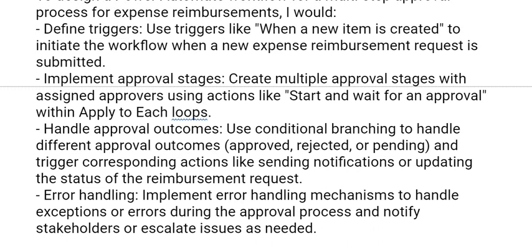Use conditional branching to handle different approval outcomes, approved, rejected or pending, and trigger corresponding actions like sending notifications or updating the status of the reimbursement request. Error handling. Implement an error handling mechanism to handle exceptions or errors in the approval process and notify stakeholders to escalate issues as needed.